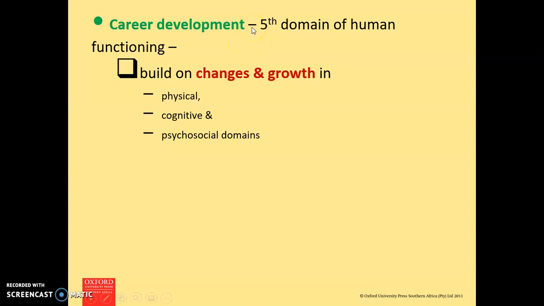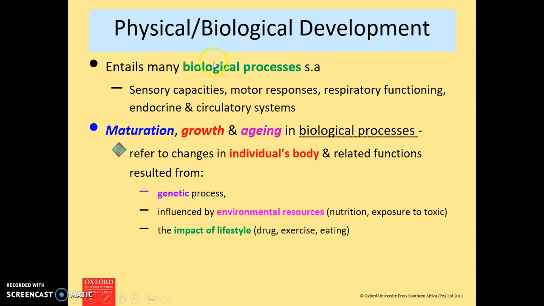The majority of people work when they reach a certain age, so they need to work. Working is important and can build on changes and growth in the physical, cognitive and psychosocial domains. So this is also important for human functioning and the lifespan development of human beings.